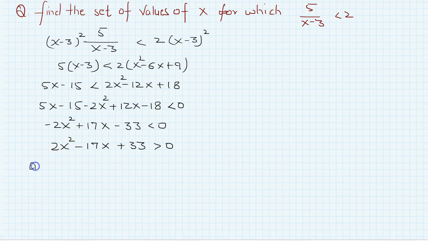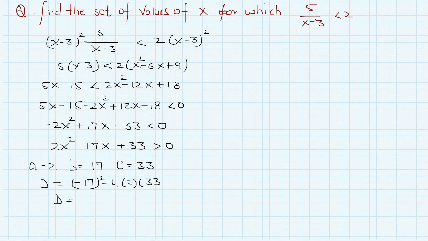So we have a is equal to 2, b is equal to minus 17, c is equal to 33, and d is equal to b square minus 4ac, where a is 2 and c is 33. So d is equal to 25.